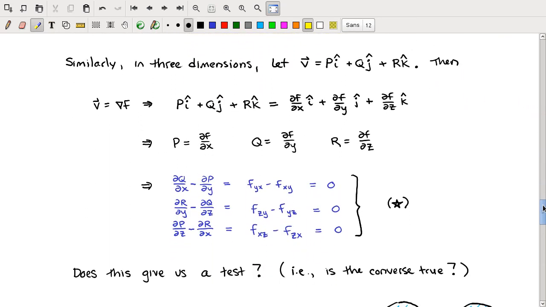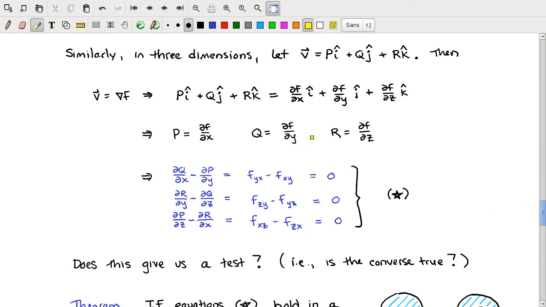In 3 dimensions, the same kind of reasoning holds. The algebra just gets a little bit harder. If V is the gradient of a scalar field, then our Pi plus Qj plus Rk must be able to be expressed in the form partial f partial x i, partial f partial y j, partial f partial z k. That implies these relationships, that P, Q, and R are each equal to different partial derivatives of f.